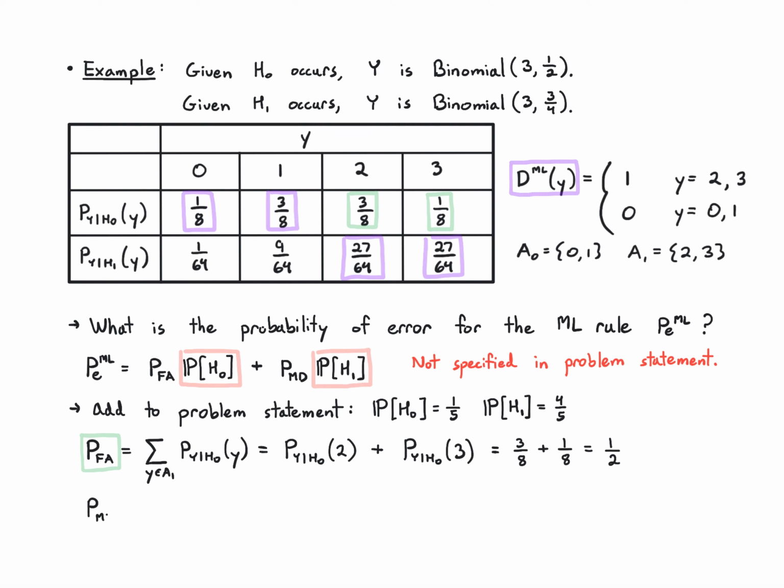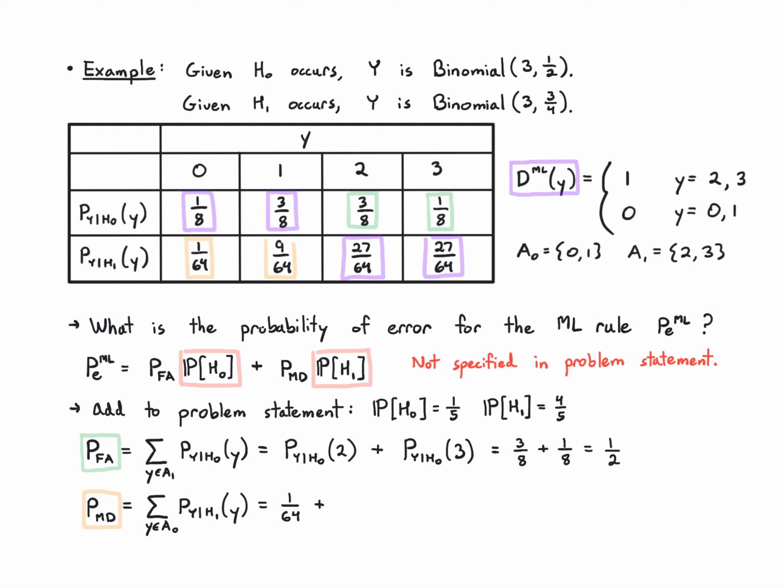Okay, probability of misdetection. I'm going to have the sum over A0, so where I'm deciding 0, but actually there was something there. So probability of y given H1. So I'm just doing it from the table now. I'm saying that that's going to occur when y is 0, and that's going to give me 1/64.